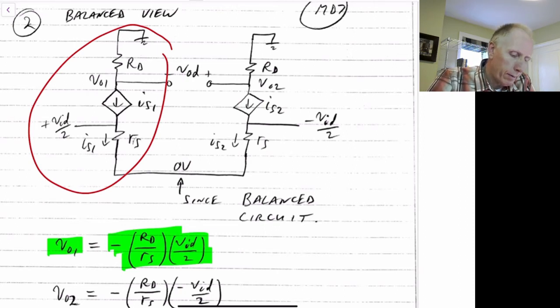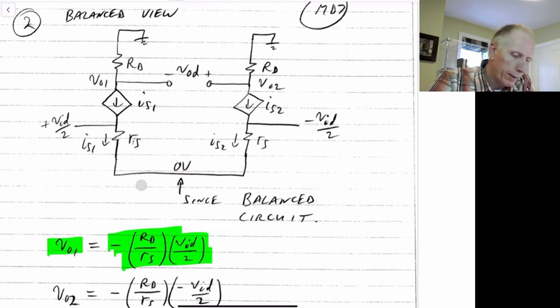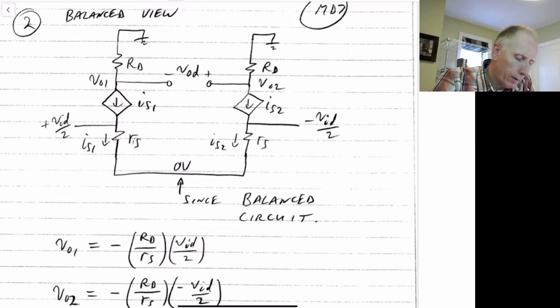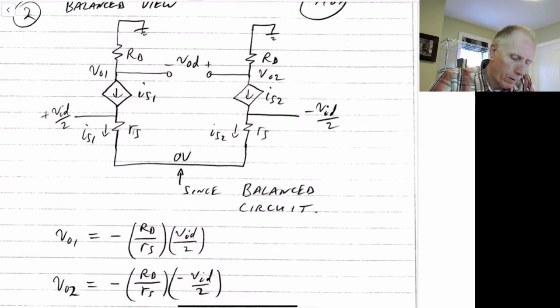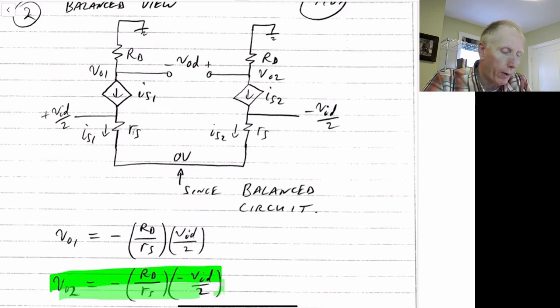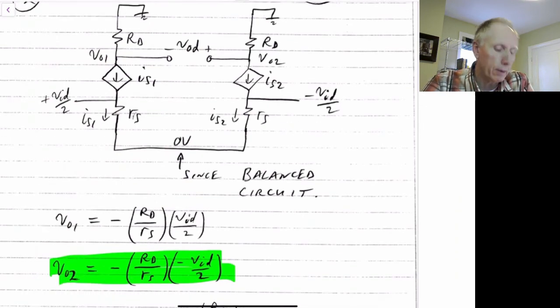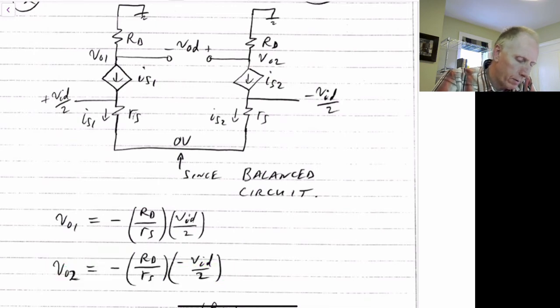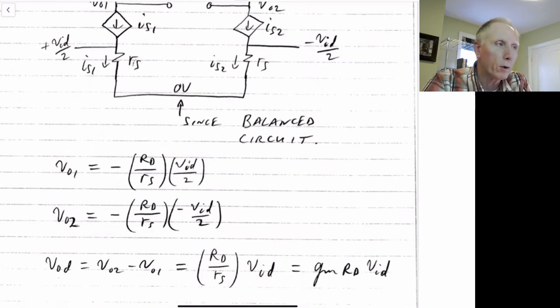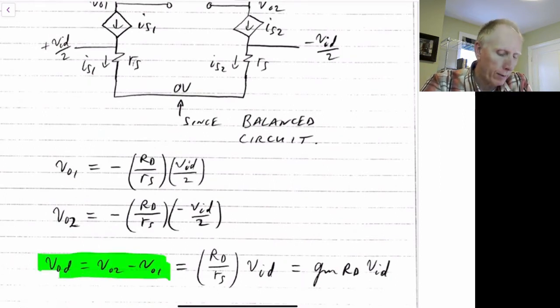Now, we can write similarly that VO2 will equal minus RD over RS times minus VID over 2. If you combine those two, we have that the output differential voltage, VO2 minus VO1, will then be given by this equation.